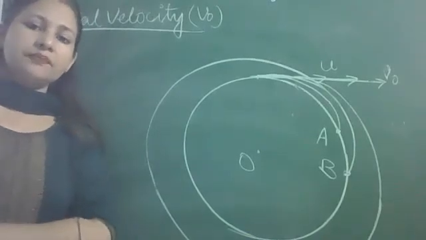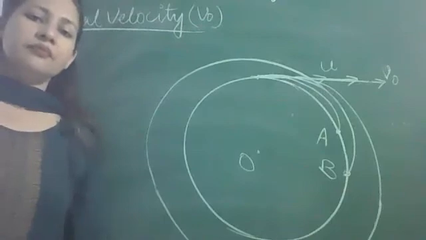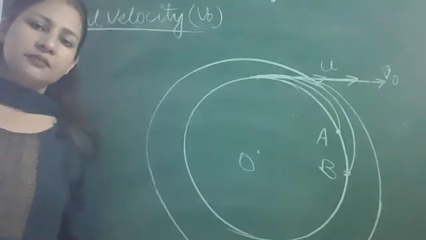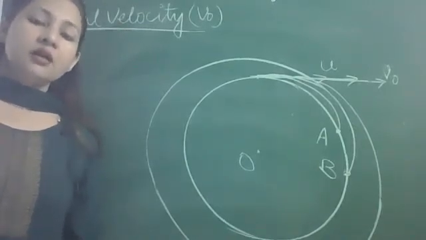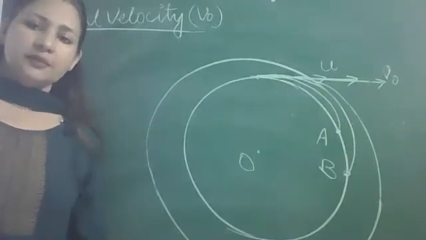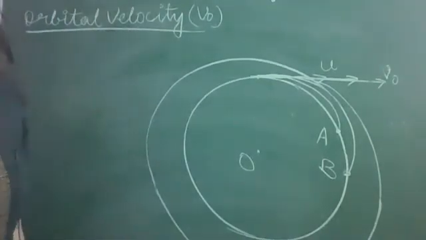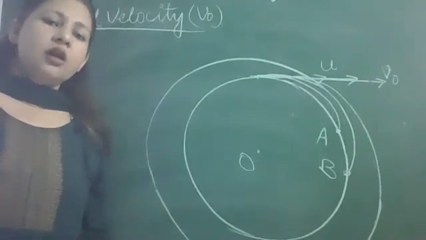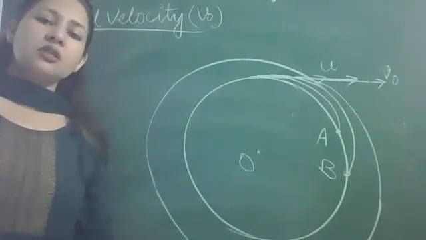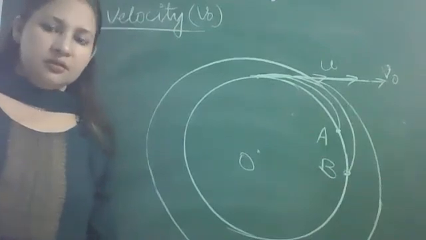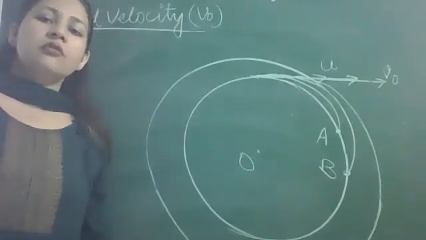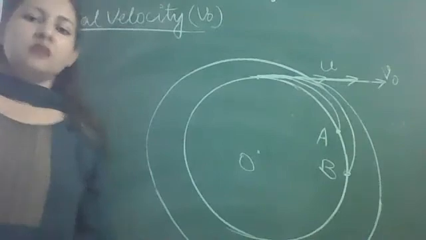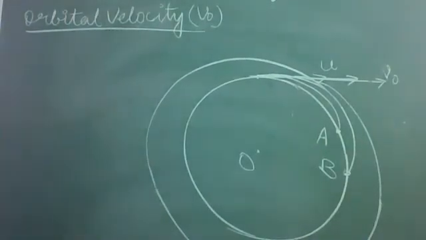You can write it like this also: minimum velocity in horizontal direction provided to an object required to put it in an orbit around the planet. Or in simple words, orbital velocity is the minimum velocity required to put a satellite into its orbit around the planet. So that velocity is called orbital velocity.